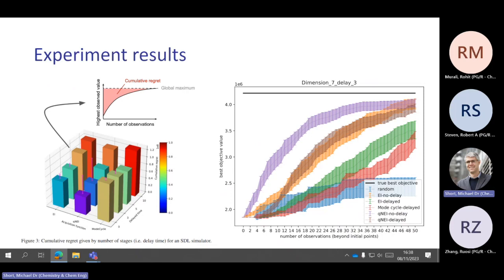The right figures summarize the iteration process during the asynchronous batch Bayesian optimization. The top line is the QNEI without delay, and the green line is the QNEI with delays. Compared to its counterparts, the QNEI performs better.